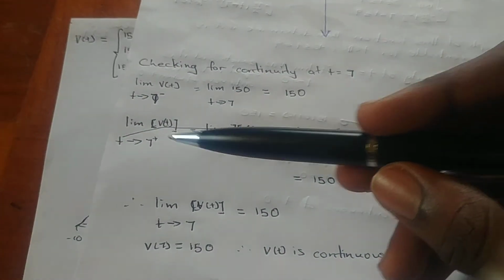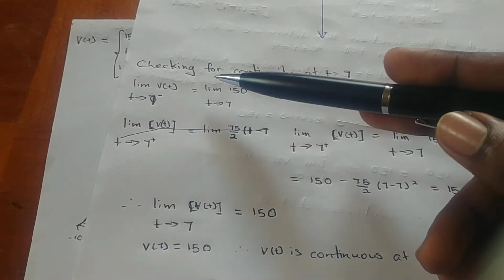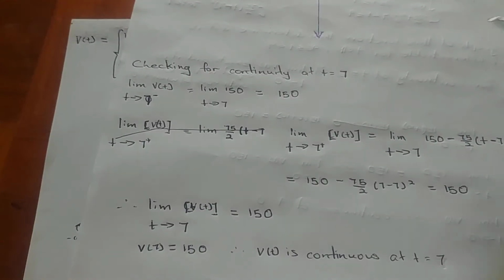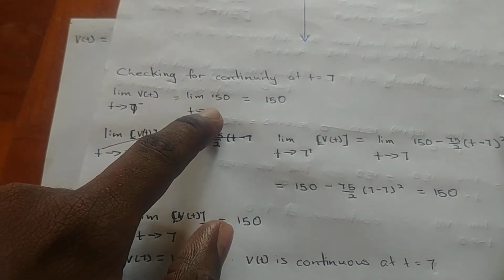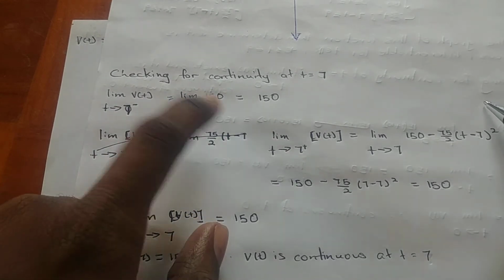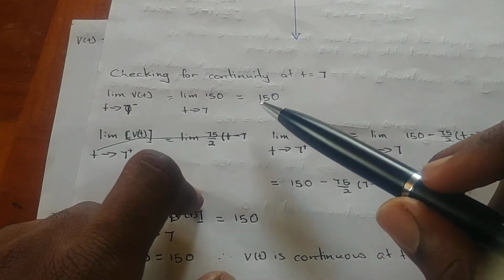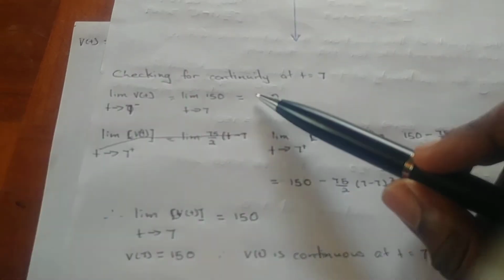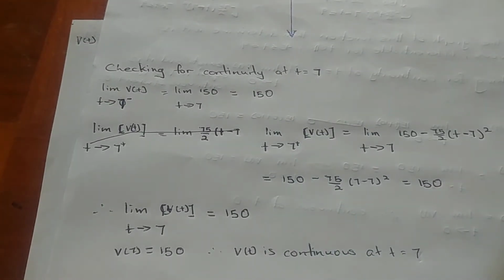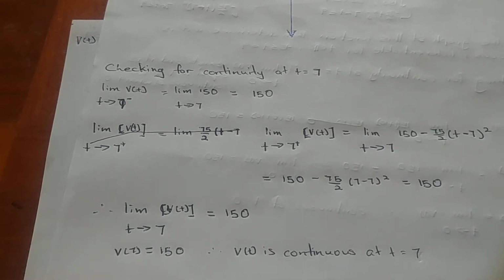Mathematically, we have the limit of v of t as t approaches 7 from the left. Since we're coming from the left, we use v of t equal to 150. So that's a limit of 150 as t approaches 7. Since that's a constant, the limit has to be that constant. That's one limit theorem right there: the limit of a constant is that constant.